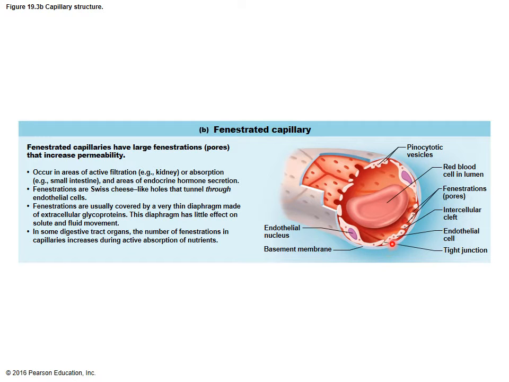There are some tight junctions, but then you have the fenestrations that allow the filtration or the absorption to happen. So it'd be good to remember you have these in the kidney and the small intestine. And don't worry too much about the other detail written here on the left-hand side of the slide.